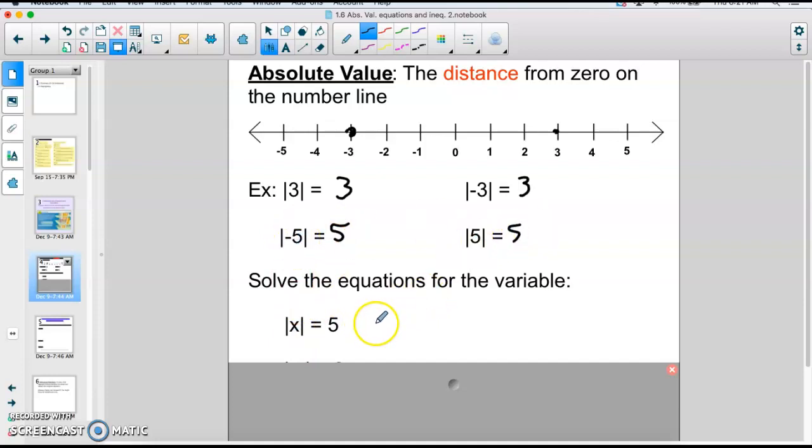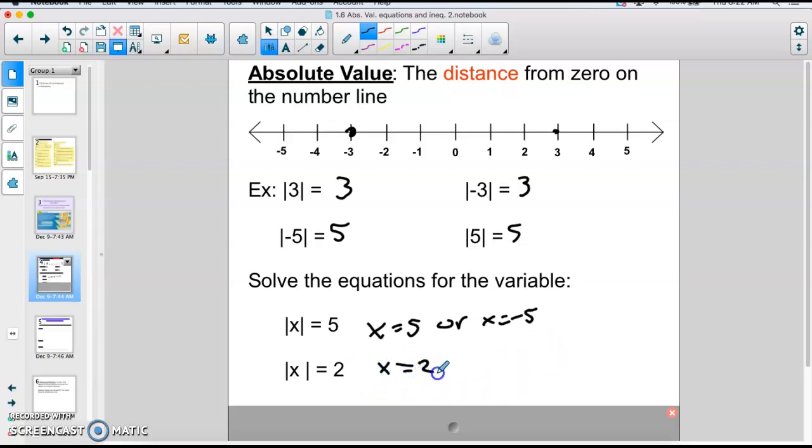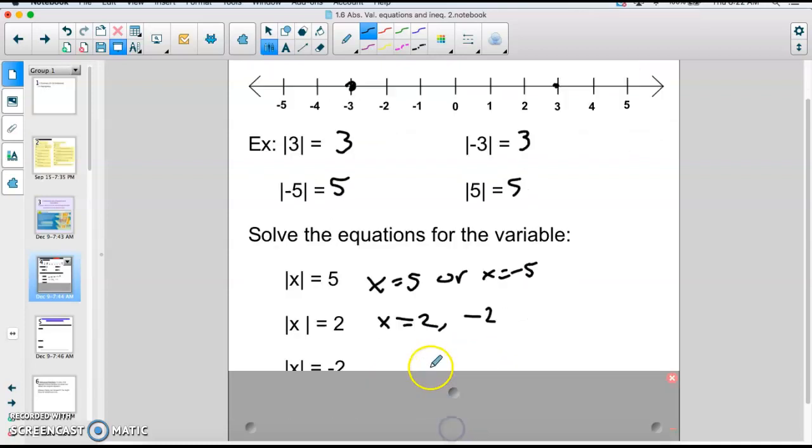And so we have to make sure to include both solutions, because they both may work. Now for this one, same thing, right? X could either equal 2 or negative 2.